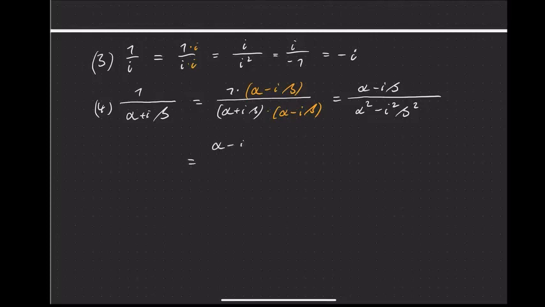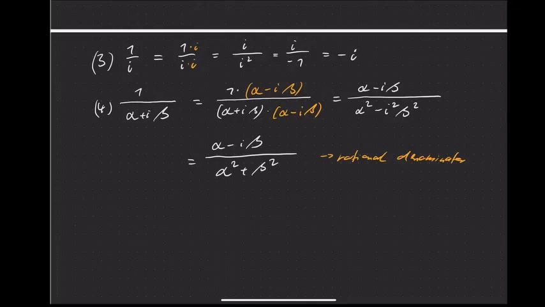So we have alpha minus i beta over alpha squared plus beta squared. Okay, so again, we have a rational denominator. And that is something that you usually want, to be able to separate the real and the complex part properly.